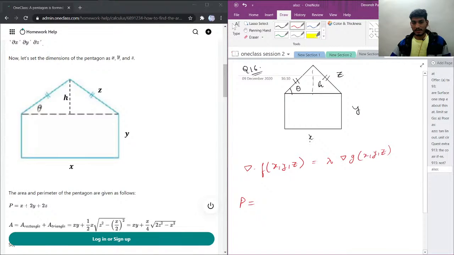So the perimeter is going to be this x, and this line is not there in the pentagon. It is a dotted line.